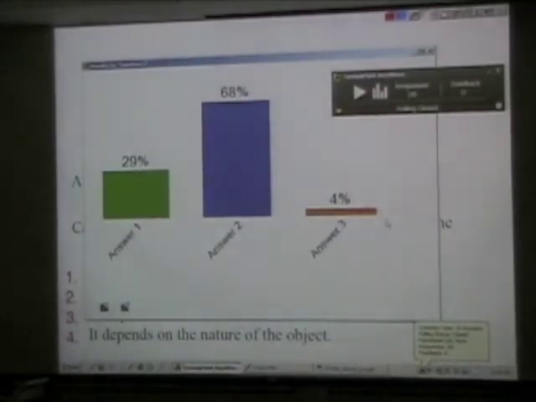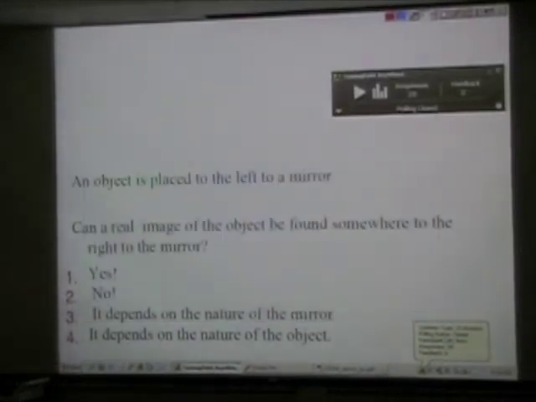So almost a third still thinks yes, which is not good. But most of you are right. The right answer is no.